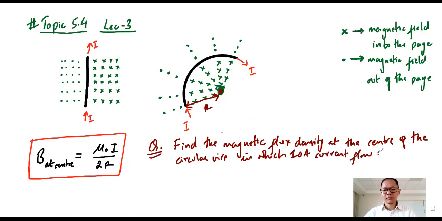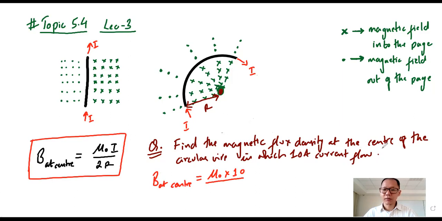So we just put in the values here: B at the center will be mu naught times 10 over the radius.